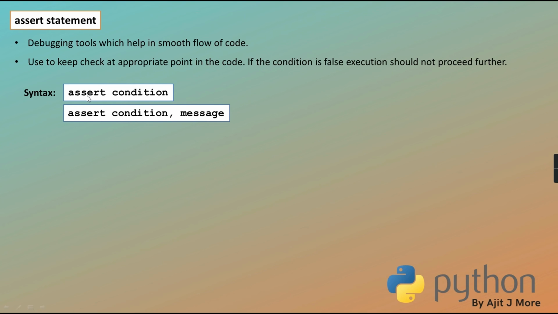So during execution, if the assert statement checks the condition and the condition comes out to be true, no problem, it will allow you to proceed further. But if it is false, it will raise assertion error, and the handling is done by the PVM. If you want some description to come after that, then give this message.